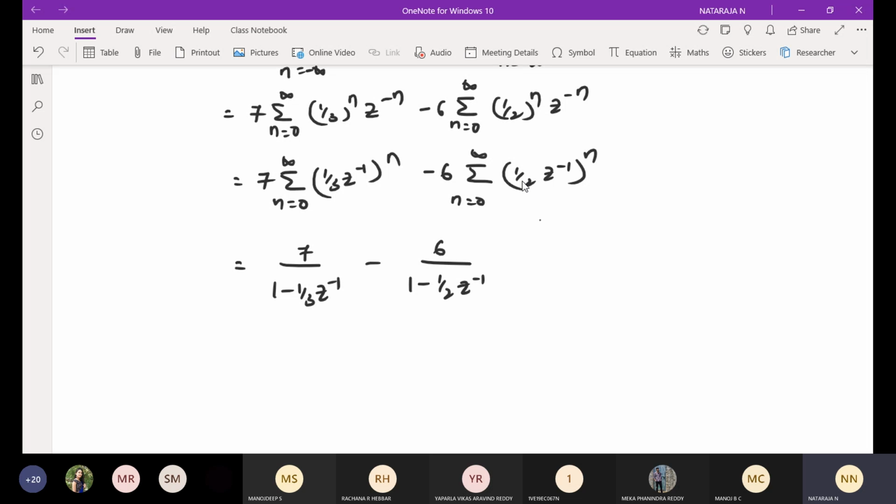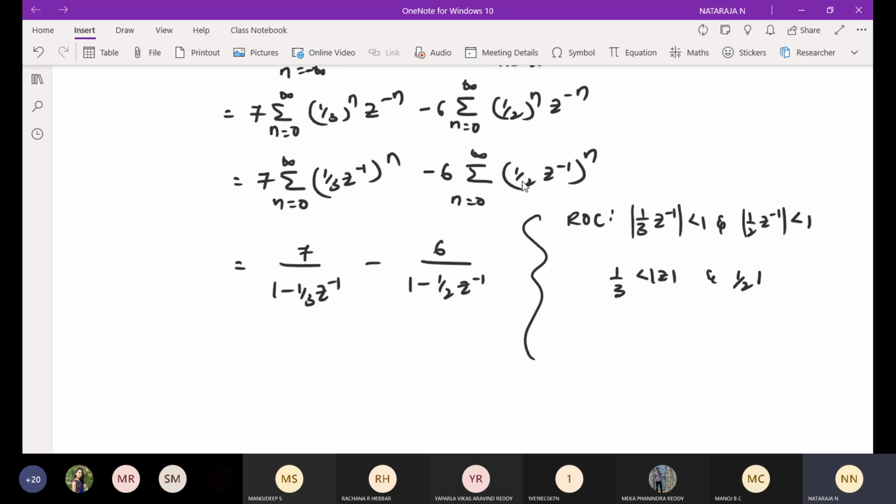Now I am going to find the ROC. Meanwhile, (1/3) z inverse will be less than 1 and (1/2) z inverse will be less than 1, so that 1/3 will be less than magnitude of z and 1/2 will be less than magnitude of z.